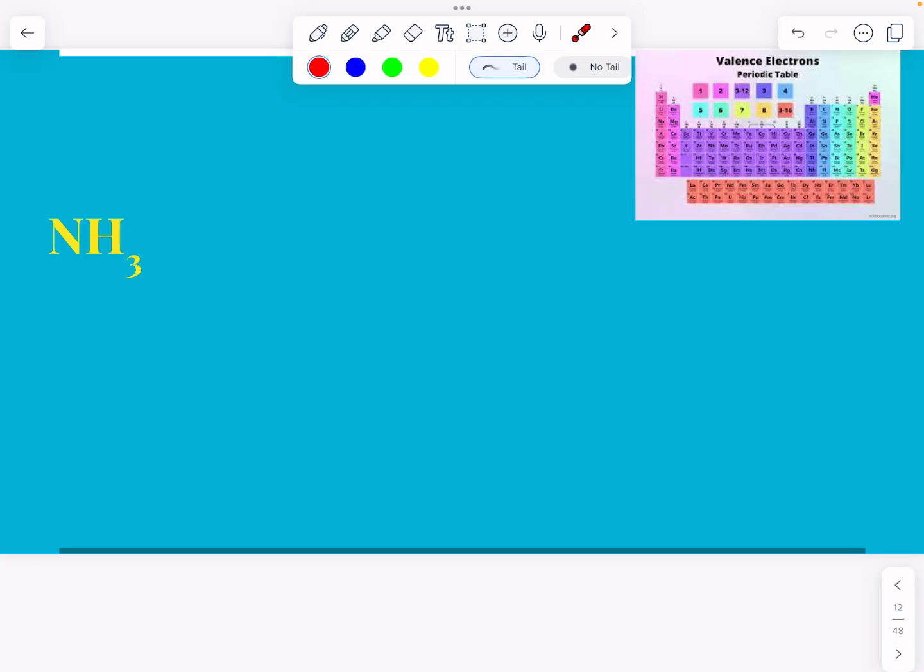All right, let's try another one. NH3. Nitrogen is right here on our table, and it has 5. So 1, 2, 3, 4, 5. We have 3 H's to place around it. Once again, I'm going to choose to place them where there's a single electron because that allows bonding to happen easier.